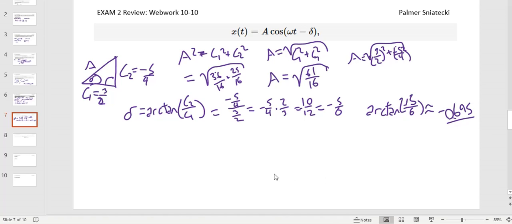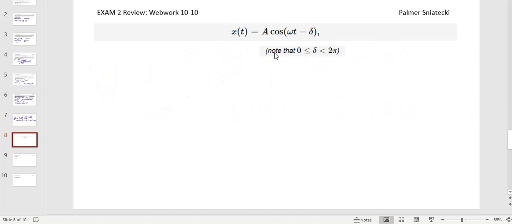It does have a little caveat in here of it wants it between 0 and 2 pi. So negative 0.695 is not between 0 and 2 pi. But what we can pay attention to first, which may take care of this for us, is which quadrant does it lie in?